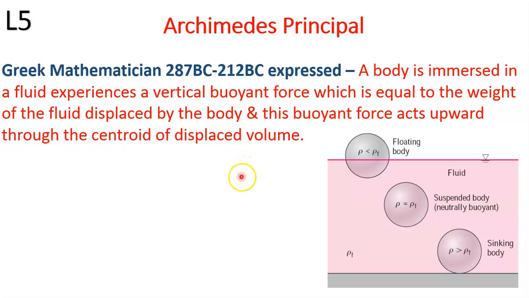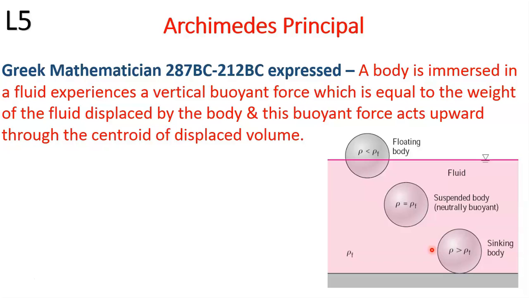Now here you can see that when rho is less than the density of the fluid rho F, then the object is floating. Otherwise, when rho is equal to rho F, it is suspended, and when rho of the object is greater, the body sinks into the fluid.